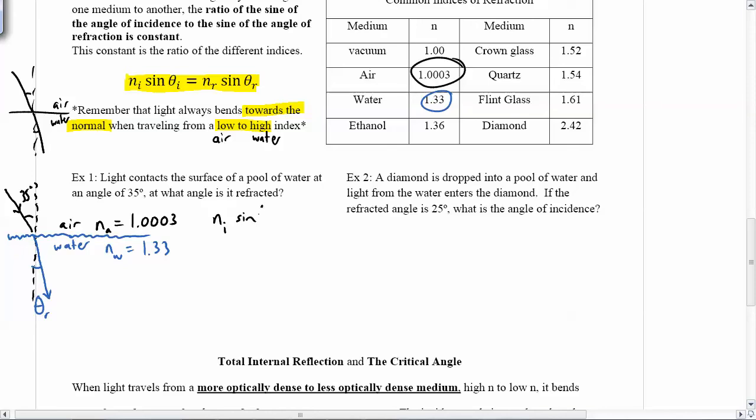The incident index times sine of the incident angle is the refracted index times sine of the refracted angle. So the incident index would be the air, 1.0003, times the sine of the angle in the air, is equal to n of the water times sine of the angle in the water. I'll call it theta w for angle in the water.